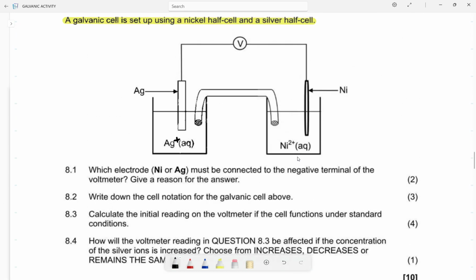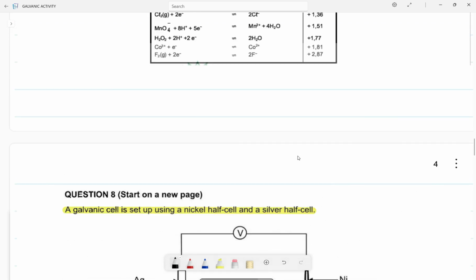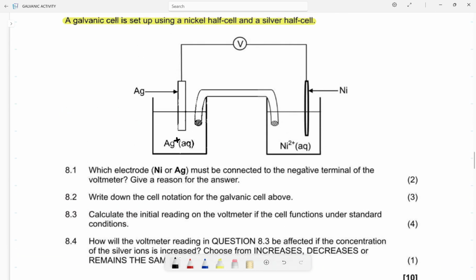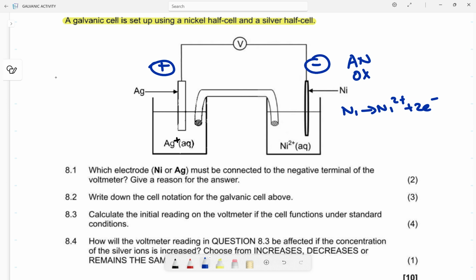So this one undergoes oxidation, so it's nickel undergoing oxidation. I'm going to say this is the anode, and remember the anode is negative, so this one is going to be positive. It is the cathode, where reduction takes place.